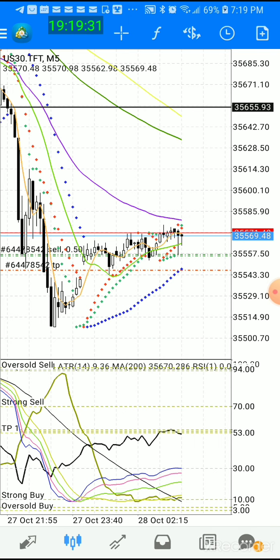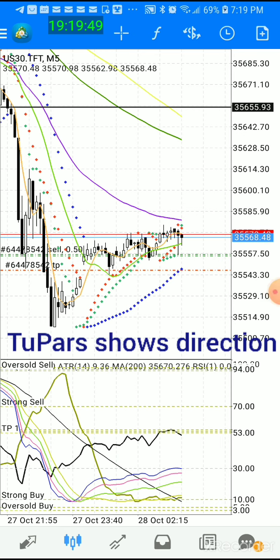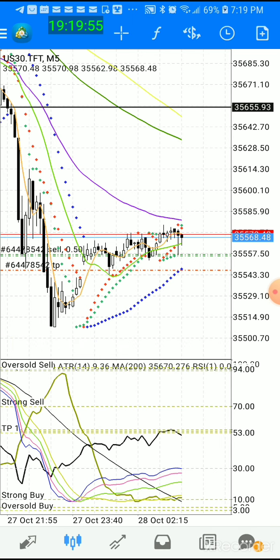But whatever concept you want to use with whatever strategy, that's fine. Just get yourself a bit of confluence. Even if you don't have anything on your chart, throw those parabolic SARs on there, and they're going to help you stop trading in the wrong direction. That's what they're going to help you do. If you don't believe me, try it out.